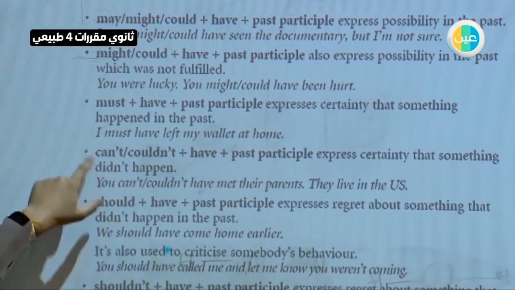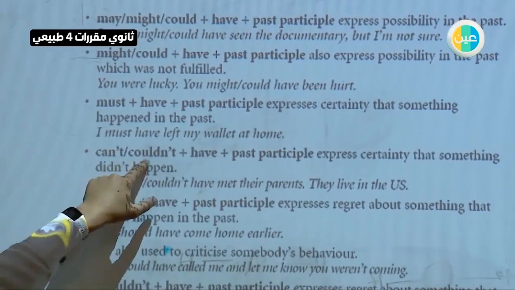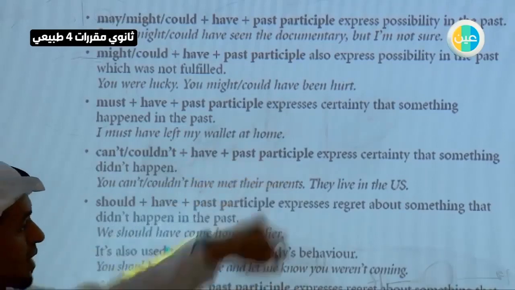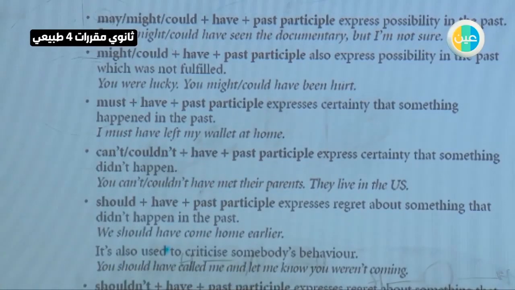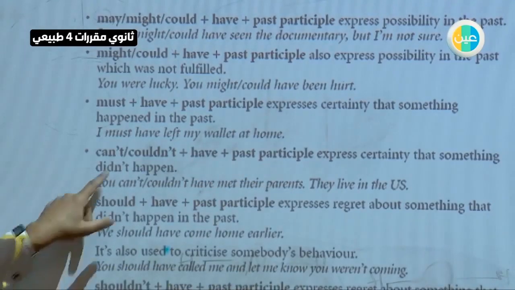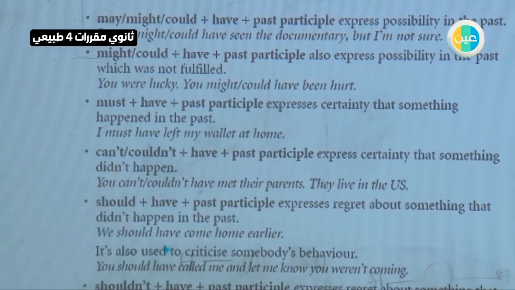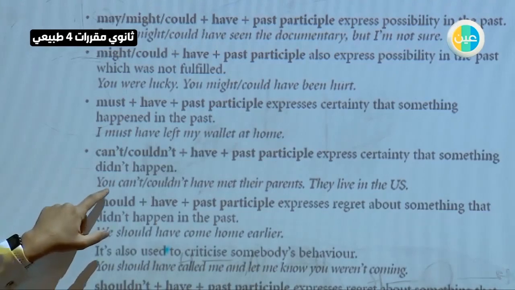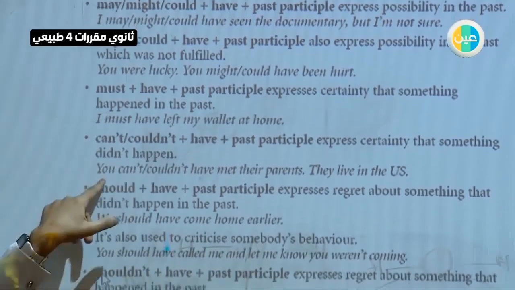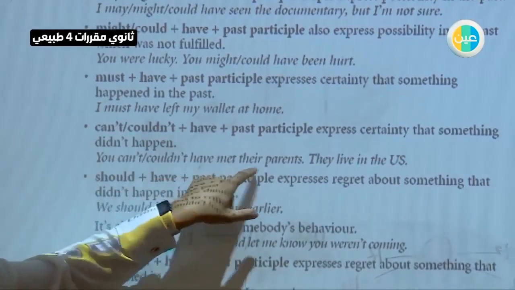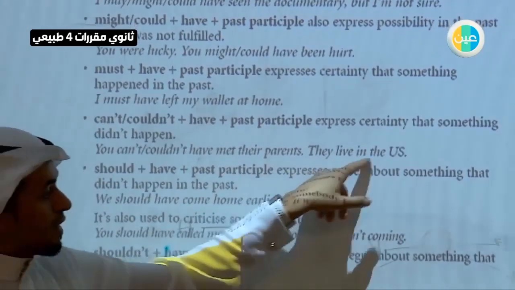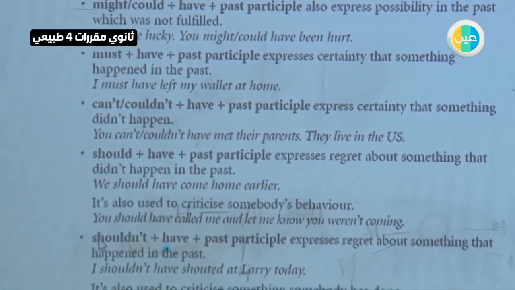Can't or couldn't plus have plus past participle expresses certainty that something didn't happen. You can't or you couldn't have met their parents. They live in the US.